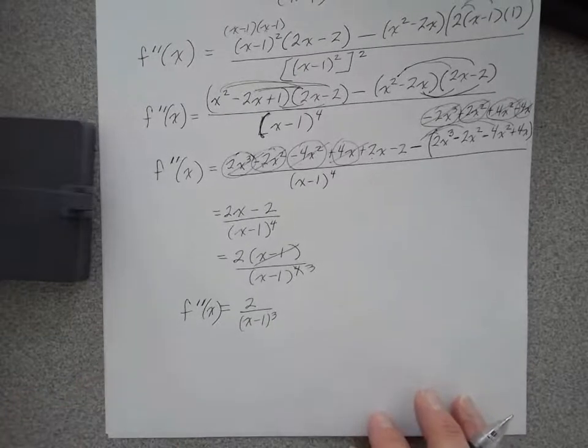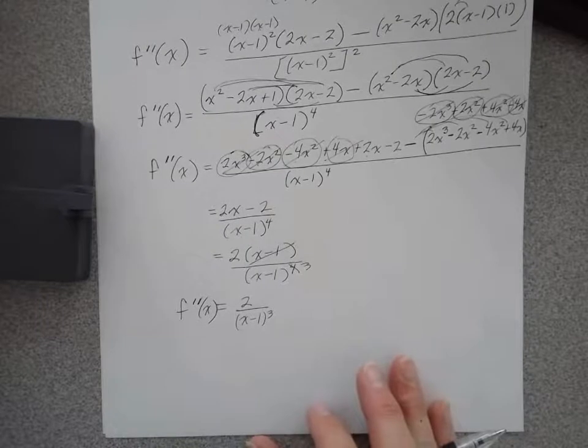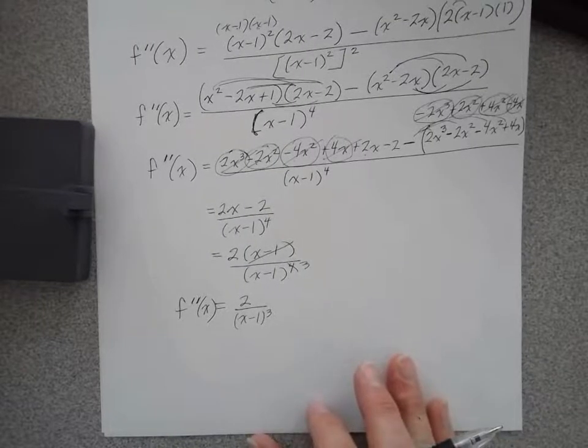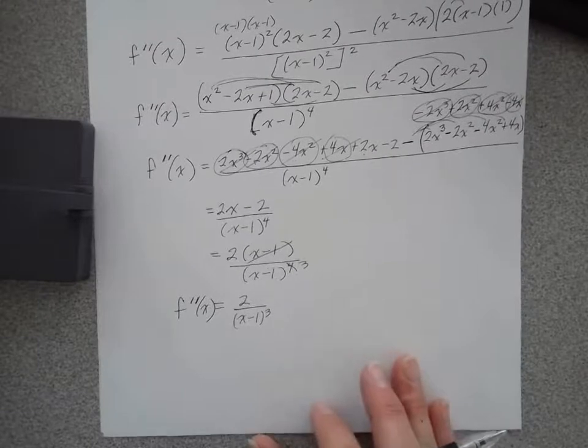So then remember the second derivative test says, if you look back on page 225, that if the first derivative is equal to 0 and the second derivative is greater than 0, then f has a local minimum at x equals c.